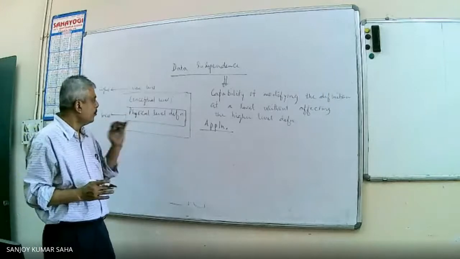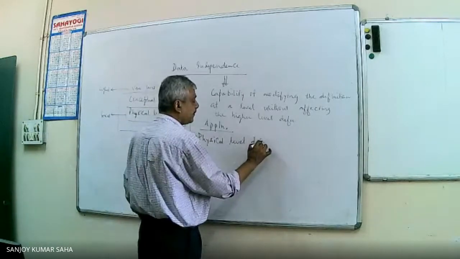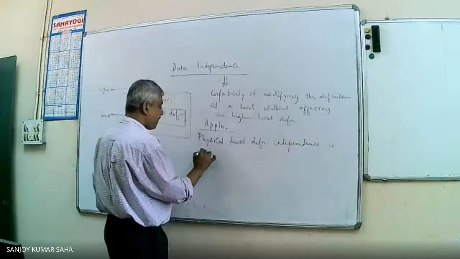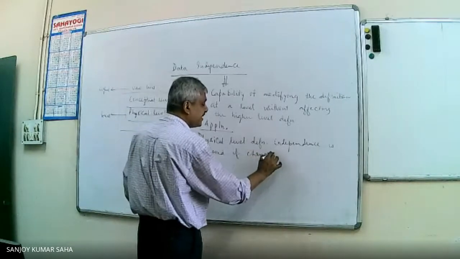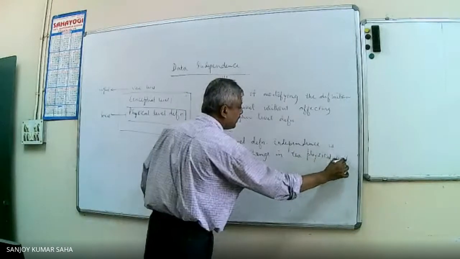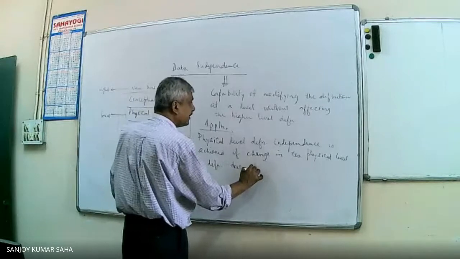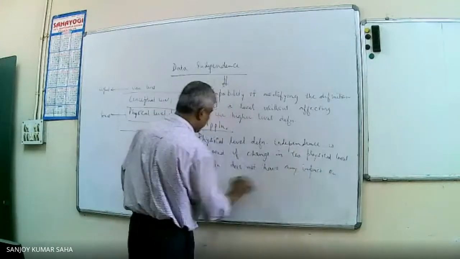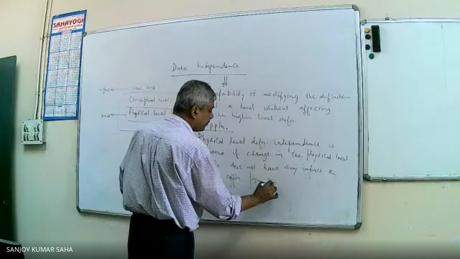We'll say physical level definition independence is achieved if a change in the physical level definition doesn't have any impact on the application program code. Forget about database.